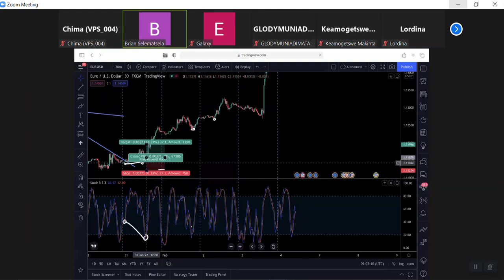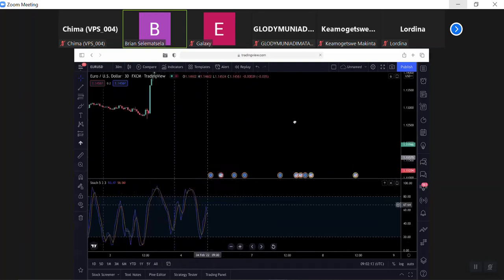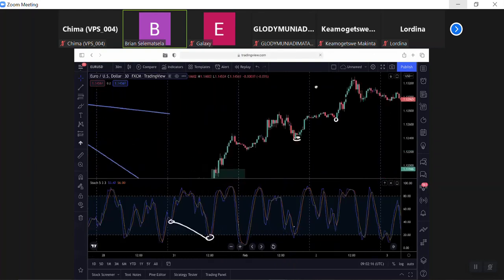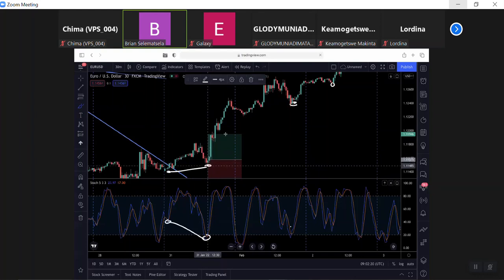So after you enter a buy here, the second divergence will be from this point to that point, and from this point to that point.